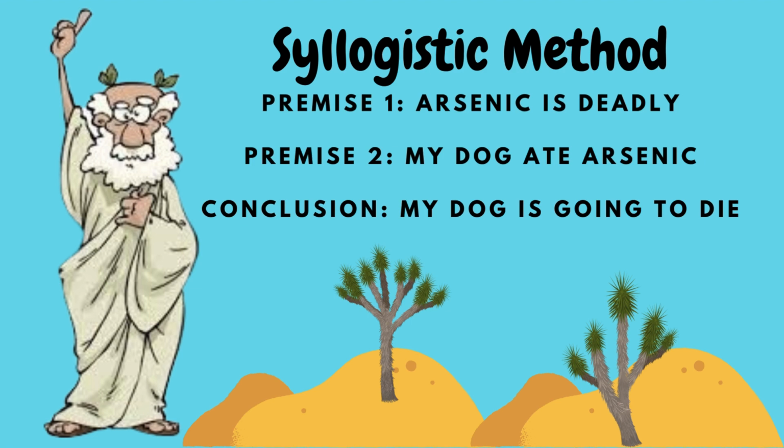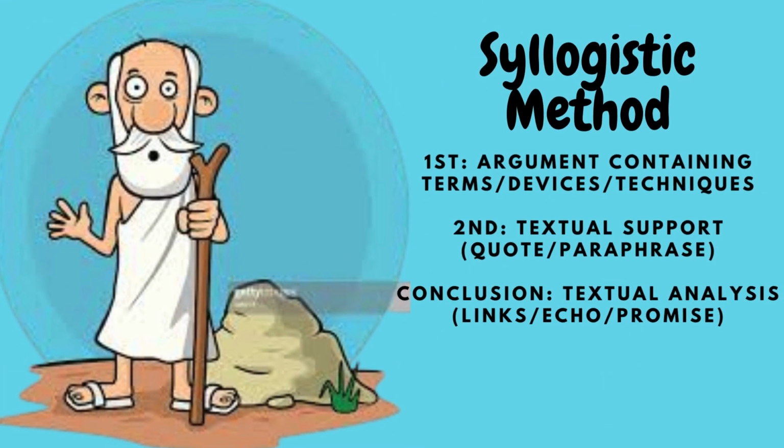So how do we morph Aristotle's heuristic and turn it into something to perform literary analysis? Here we go. First premise is going to be an argument containing the terms, devices, techniques. I'm going to give you more math on this. I want that first premise to be 3 sentences, and I'll model it. Here's the reason why.